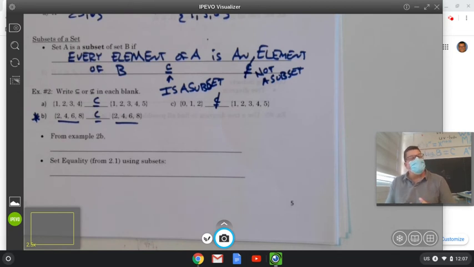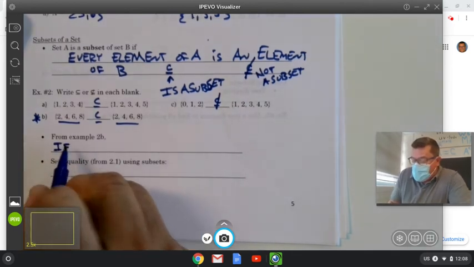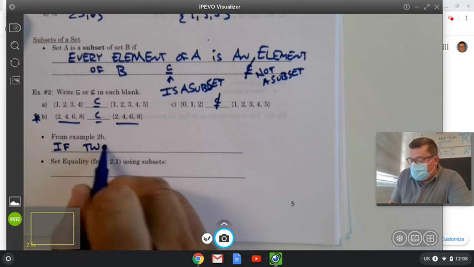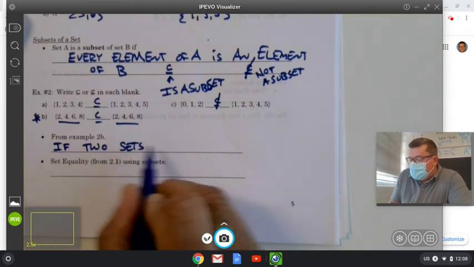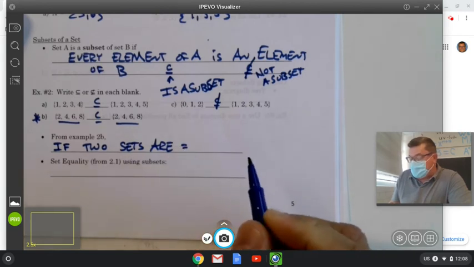Okay, so yesterday we talked about the difference between equal, every element is the same, and equivalent, the cardinality of each of the sets is the same. These are equal. So if two sets are equal, then they're subsets of each other.